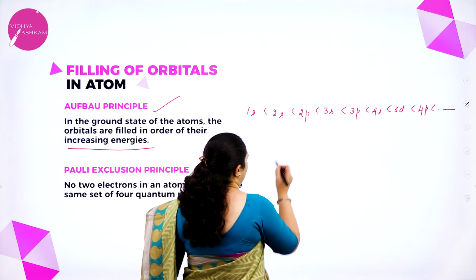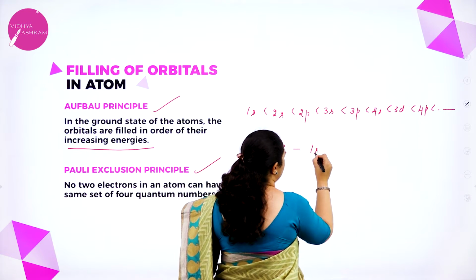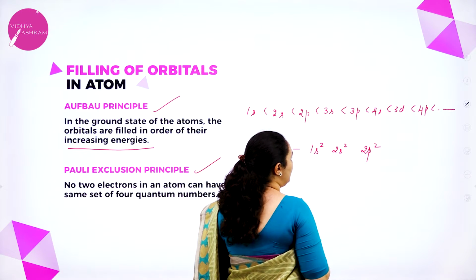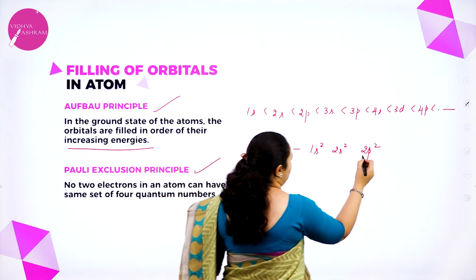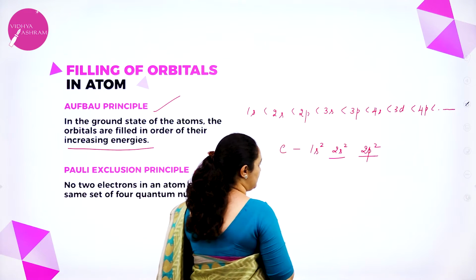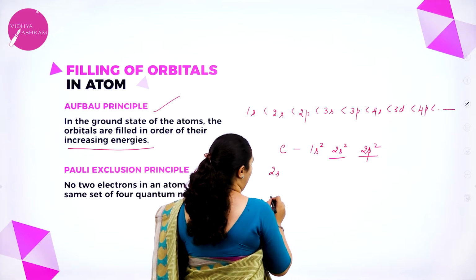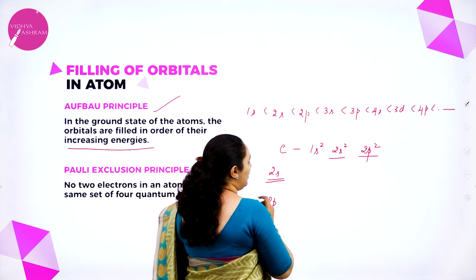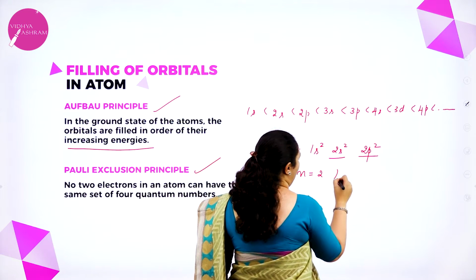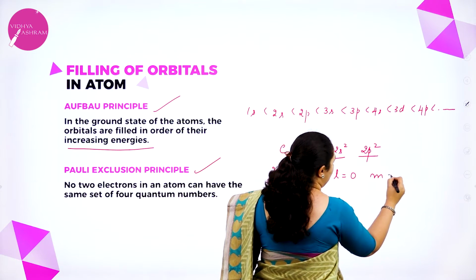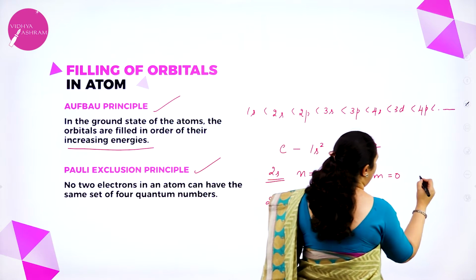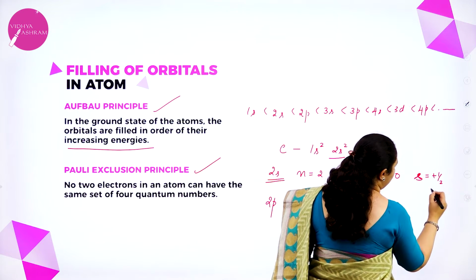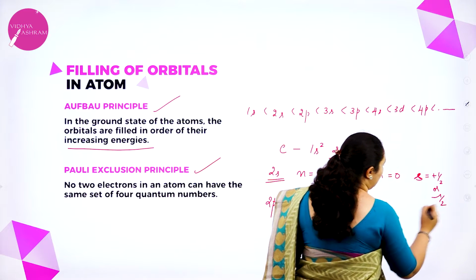For example, I will take carbon. Electronic configuration 1s2, 2s2 and 2p2. Now I shall take 1 electron from the 2s and 1 electron from the 2p orbital. So I have 1 electron in 2s and 1 electron in 2p. For the 2s orbital, what is the n value? n is 2, l is 0, m is 0 and s can be plus half or minus half, correct?